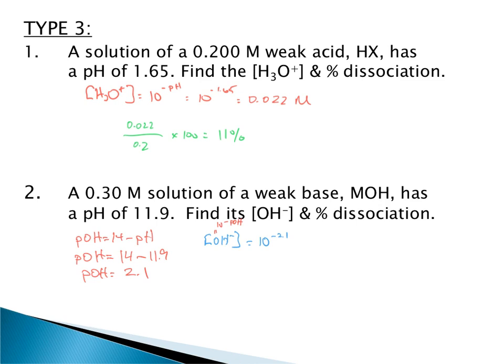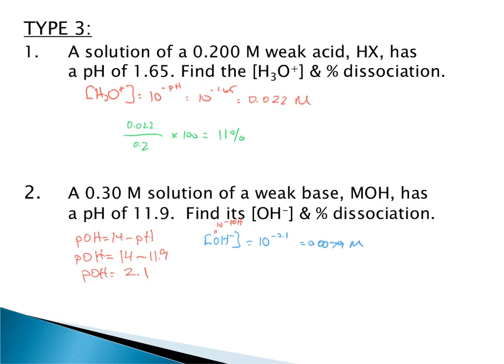So we take our calculators and we figure out what 10 to the exponent negative 2.1 is, and we get 0.0079 molar. So that will be the hydroxide ion concentration.